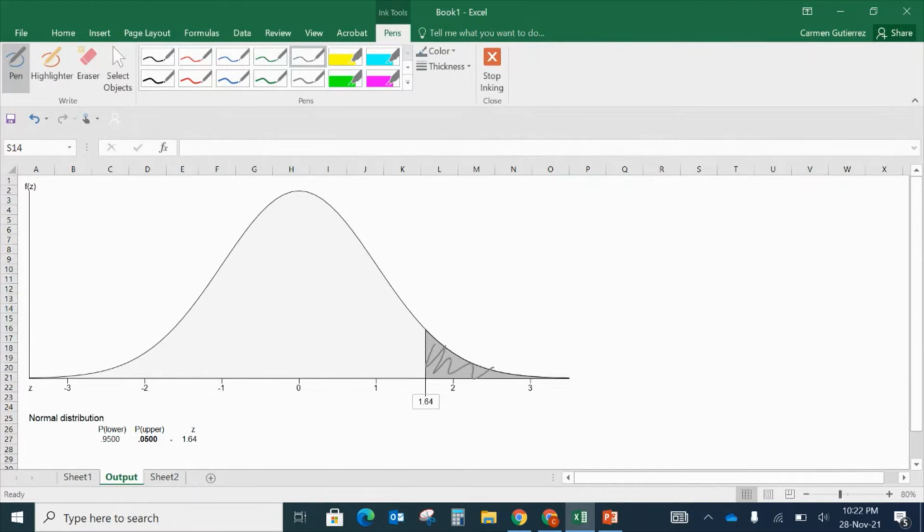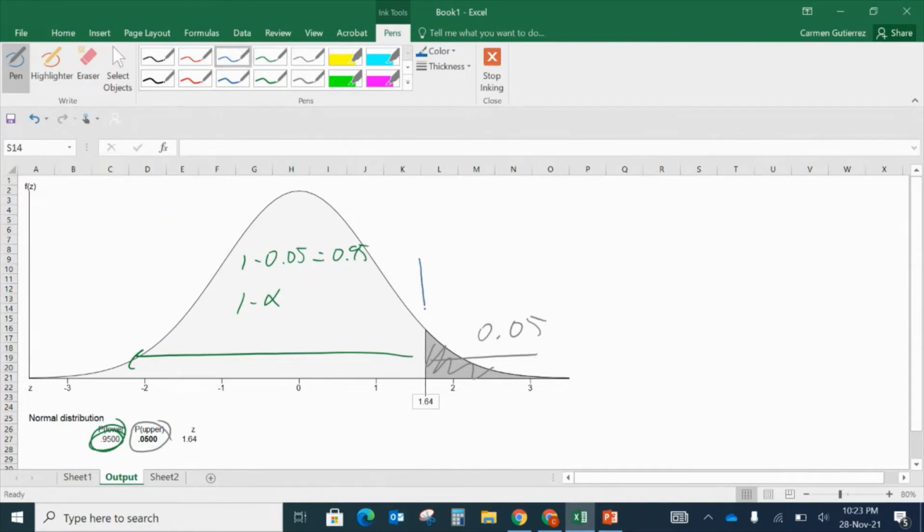This alpha here is 0.05. The area opposite is 1 minus alpha, 1 minus 0.05 is 0.95, as you can see here. The line that separates this is your critical value. In this case, the Z is 1.64. This is the same critical value we were finding in chapter 10 when we were looking at one simple test statistic.